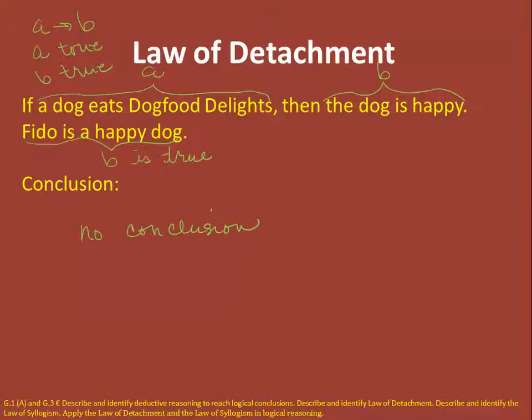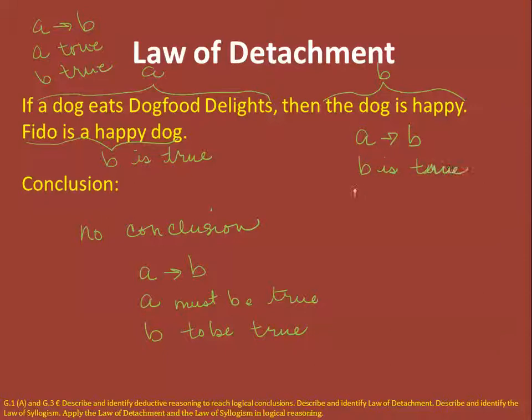Remember, if it's A implies B, A must be true for B to be true. In this example, it's saying A implies B, B is true, so no conclusion. Because we don't know if Fido may be eating another brand of dog food and he's quite happy with it. He may not be eating dog food delights.